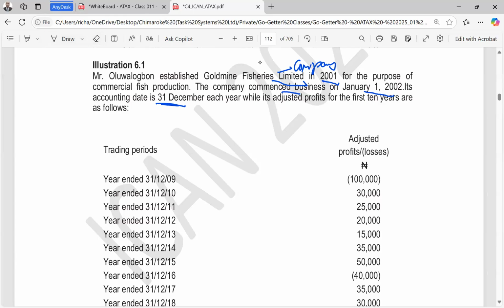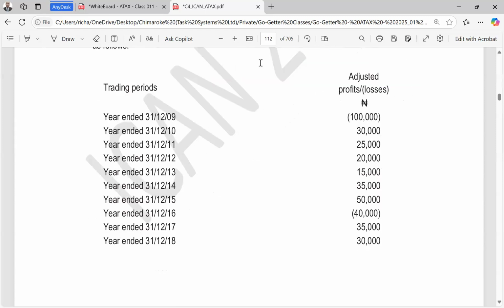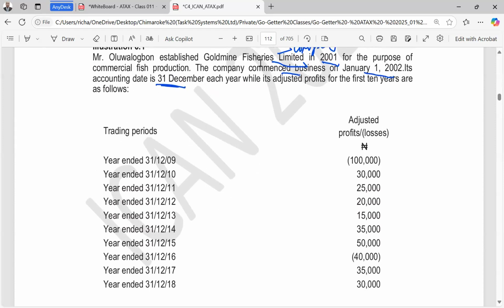Now, I want you to note something. This does not obey Finance Act 2019, because it started business in 2002. So I'm going to treat it the way it was done previously. Then we will see how it would have been if it was for Finance Act 2019 regime.